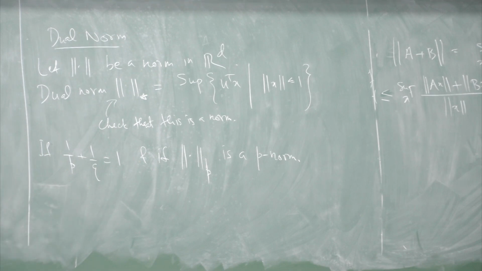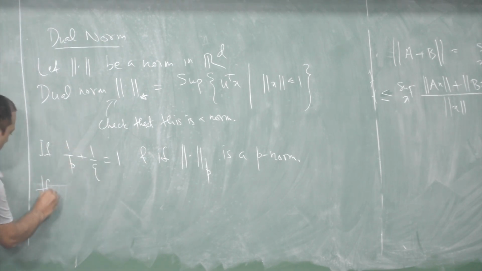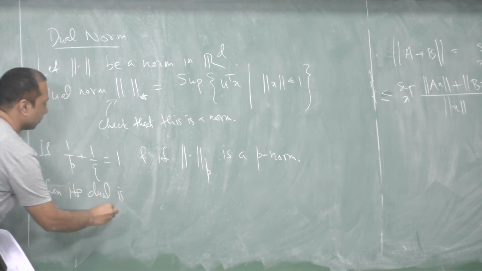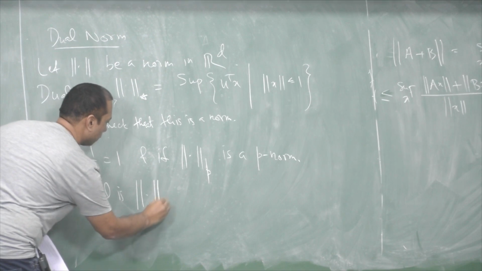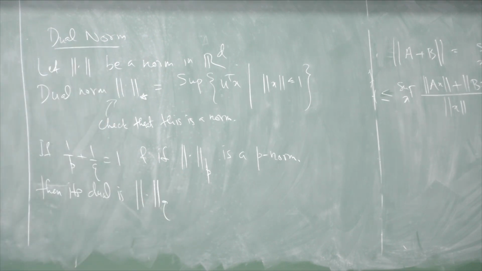It turns out the dual of a p norm will be the q norm, where q satisfies this. So 1 by p plus 1 by q must be 1. Then the p norm is the dual of the q norm.